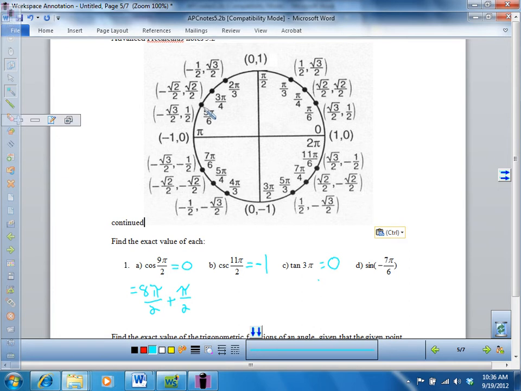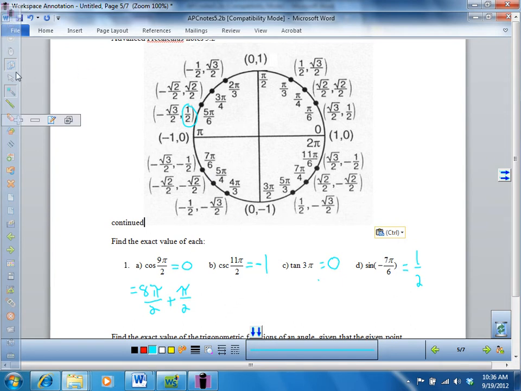And you want the y coordinate there, which is positive 1/2. So if you were to type sine of negative 7 pi over 6 into your calculator in radian mode, you would get out positive 1/2. You have to make sure you're in radian mode. You should get out positive 1/2.